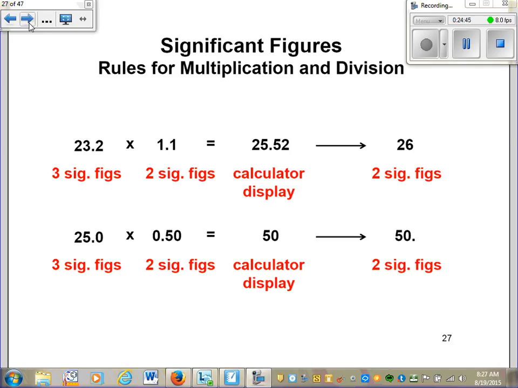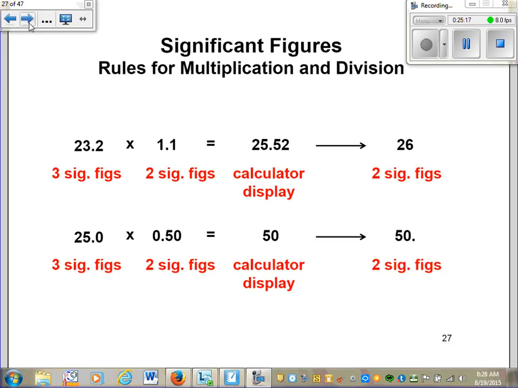Here we have 25.0, which is how many? 3. 0.50, which is 2. Calculator says 50. It's got to be 2 significant figures. This has got 1. So you put a 50 with a decimal point. There's another way to do it, scientific notation.